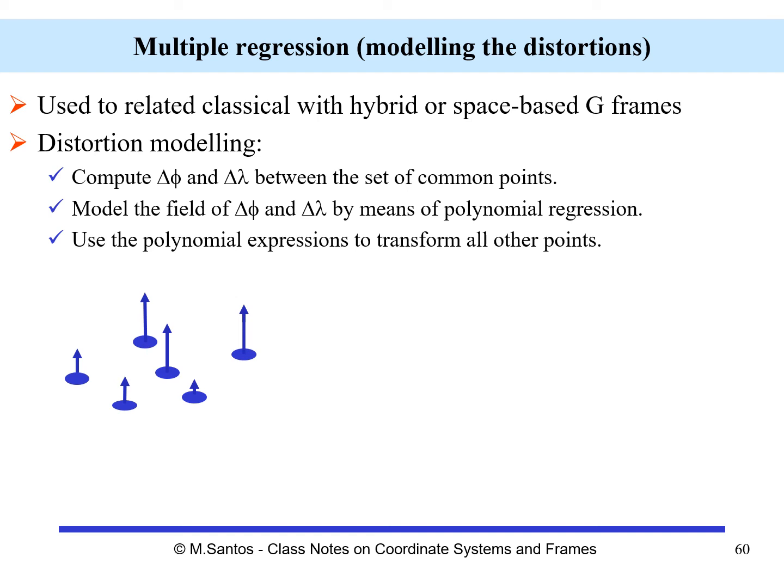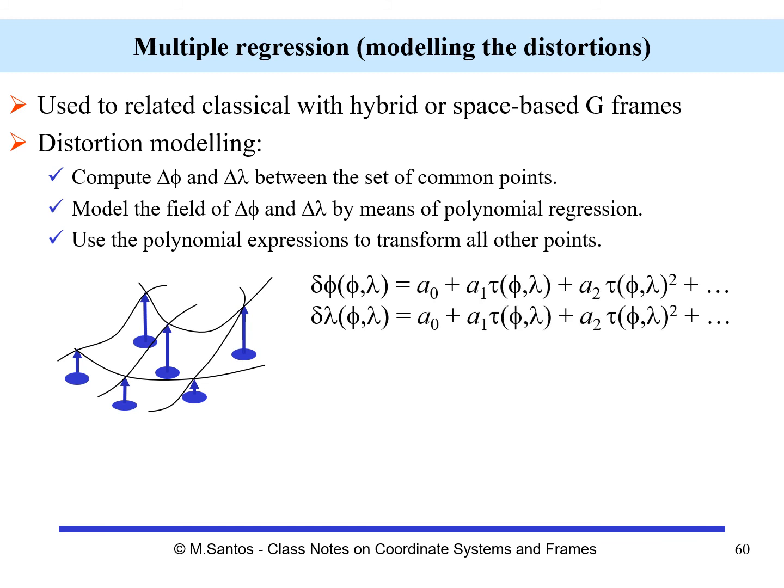So we then model this field. We create a distortion field. We model this field for delta phi and delta lambda by means of a polynomial regression, or multiple regression. So here we have a surface, and here we have the two expressions.